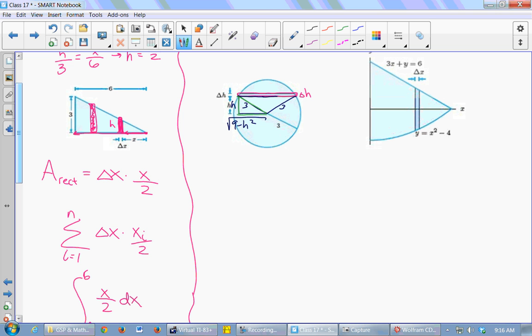So this whole base would be 2 radical 9 minus h squared. So the area of my slice is going to be delta h, the width of the rectangle, times the length of the rectangle, which is 2 radical 9 minus h squared.